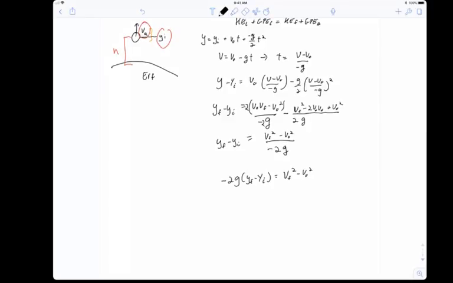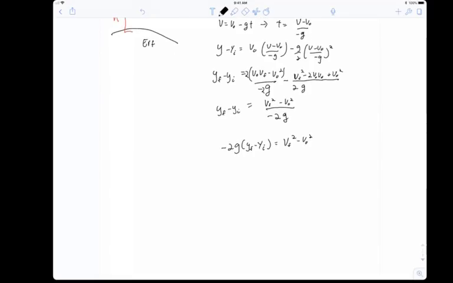Okay, so here's where the fun comes in. What you do is divide both sides by 2. Incidentally, if you want to, you can just start with this equation. That's an equation we know pretty well. So you divide that by 2, and then you multiply by m, the mass of the ball.